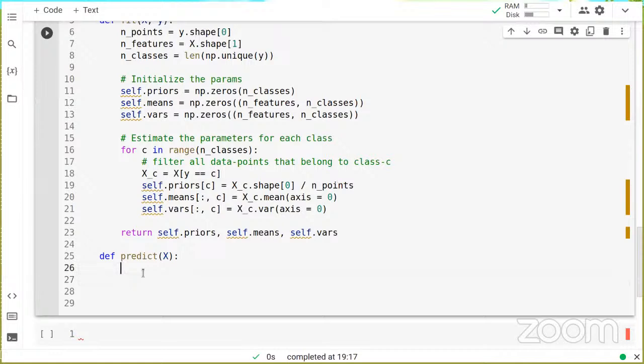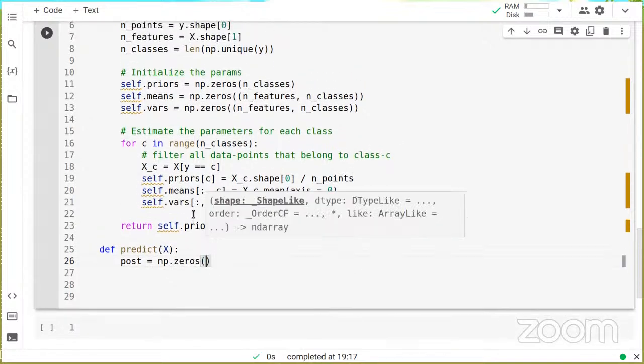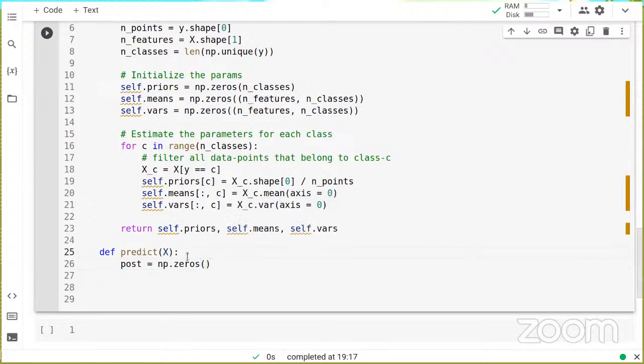I hope that is clear. Let me call this posterior, POST for posterior. Now, what should be the shape of this array?